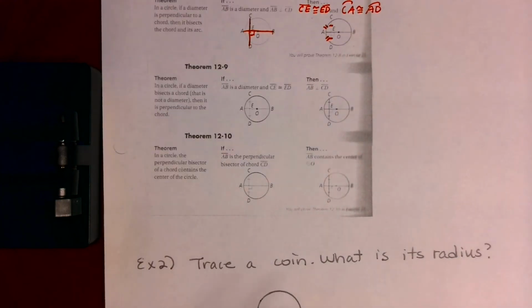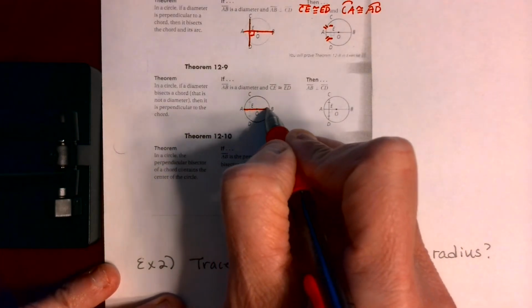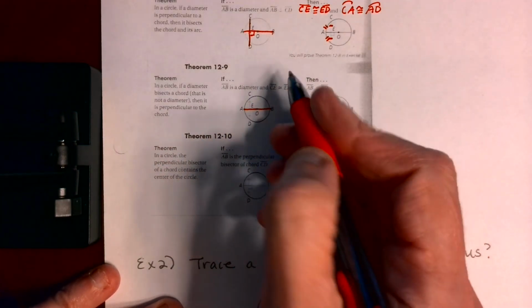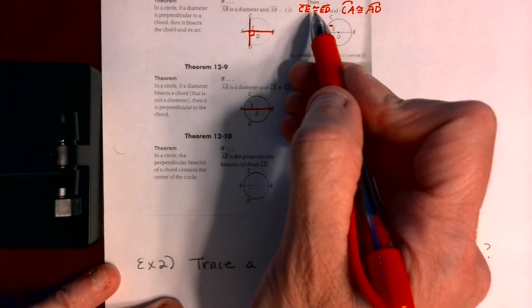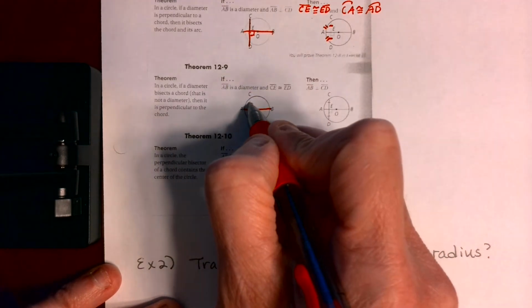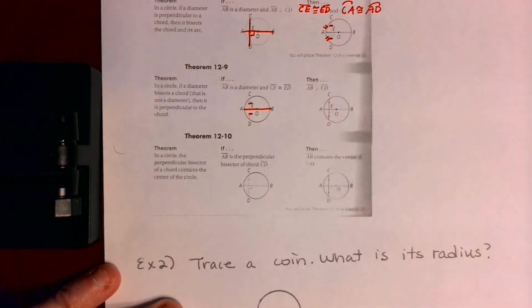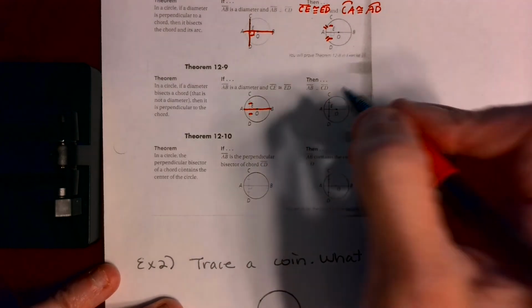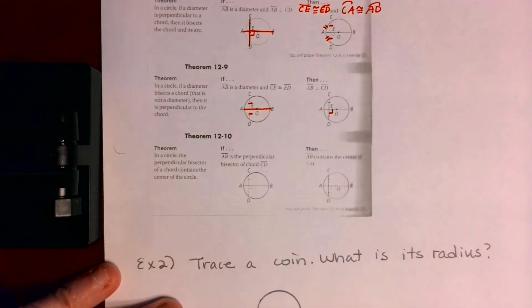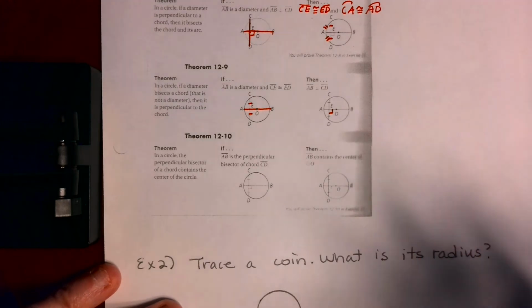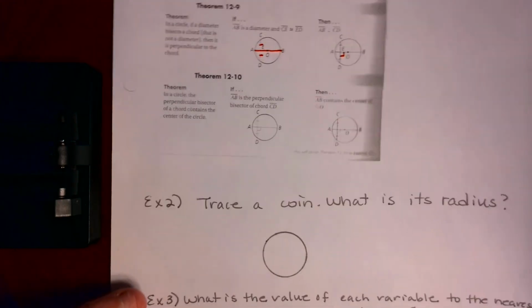All right, 12.9 says, again, if this is the diameter, but instead of it being perpendicular this time, it's saying, what if that side was given to you as the same? Then what can you conclude? That they are perpendicular. And the arcs would be the same too, wouldn't they?